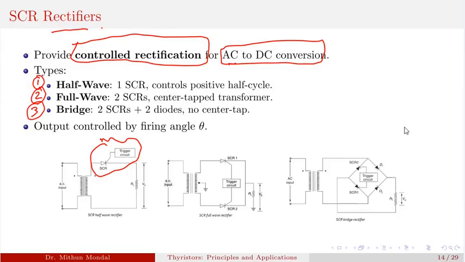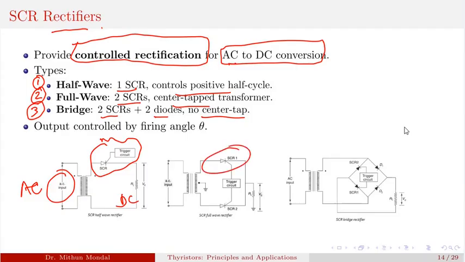Similar to the normal diode rectifiers, we will have one SCR for half wave, two SCRs for full wave, and in the bridge rectifier we will have two SCRs and two diodes without the center tap transformer. The full wave rectifier will require the center tap transformer. The half wave rectifier will control the positive half of the signal. Whatever input you give, which is basically the AC input, you get DC, whether half wave or full wave, depending upon which type of rectifier you are using.